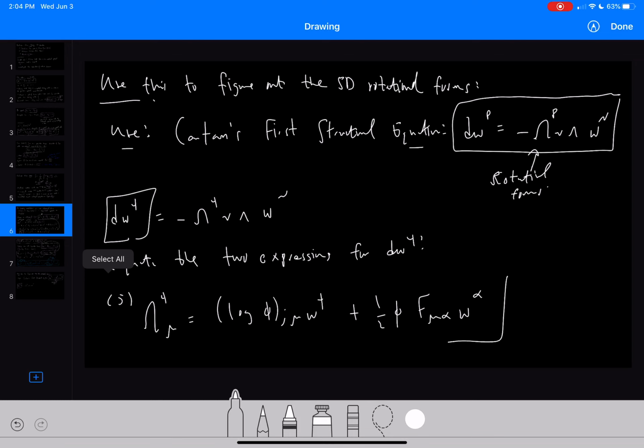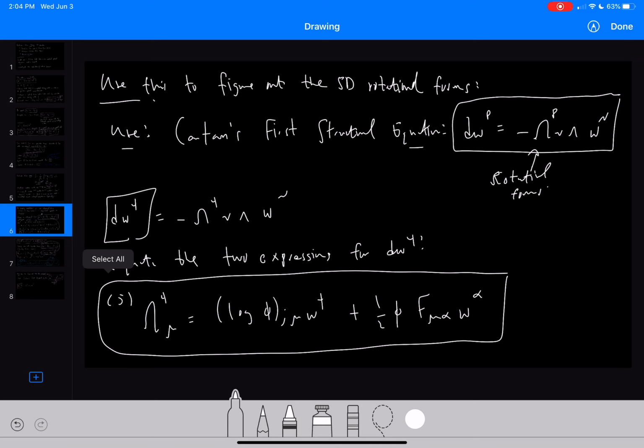Okay, so these are the 5D forms, and it's a pretty straightforward thing to do.